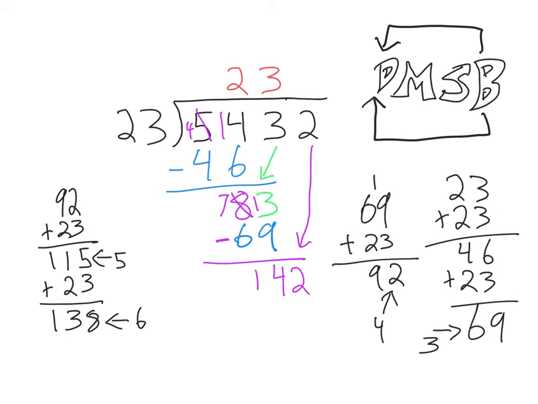Now, this might look like it was really hard and we did a lot of stuff. And we did do a lot of stuff. But let's look at this carefully here. Everything we've done to find out how many groups of 23 goes into stuff, we just added up groups of 23. So 2 groups was 46. We added another group, that was 3 groups. We added another and that was 4 groups.